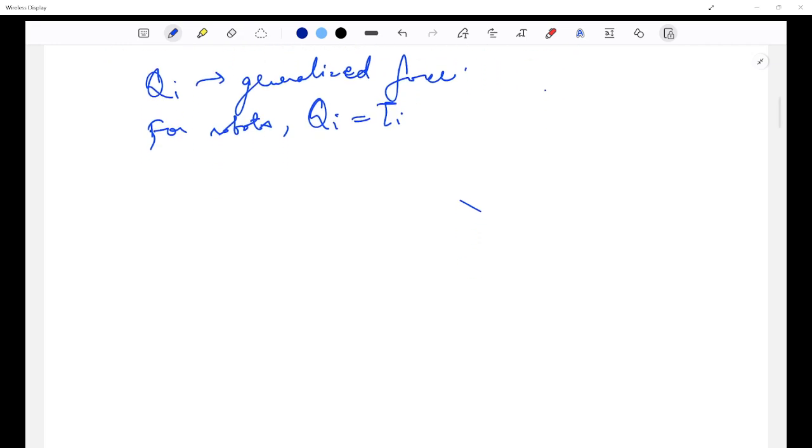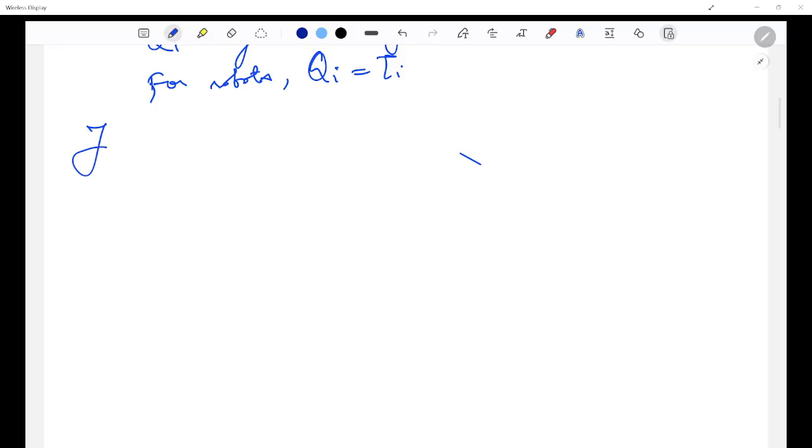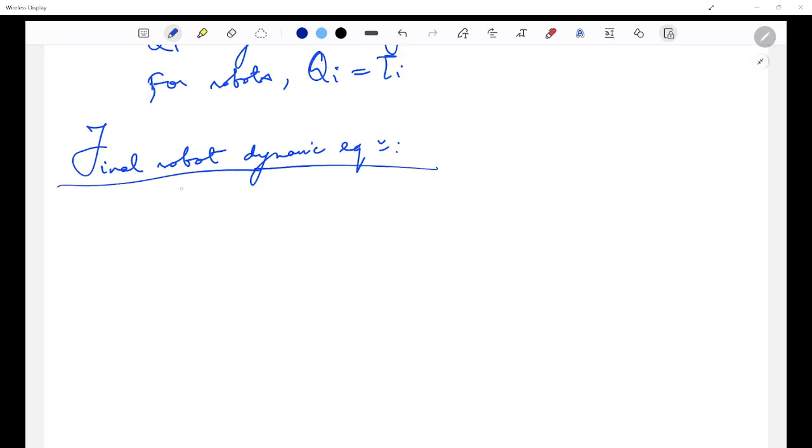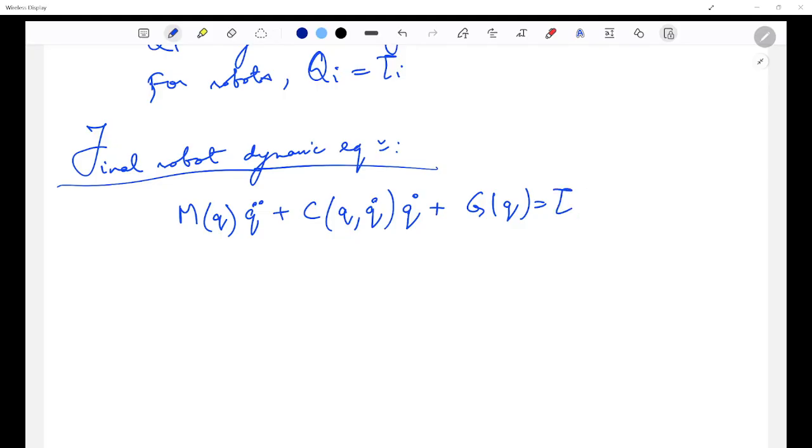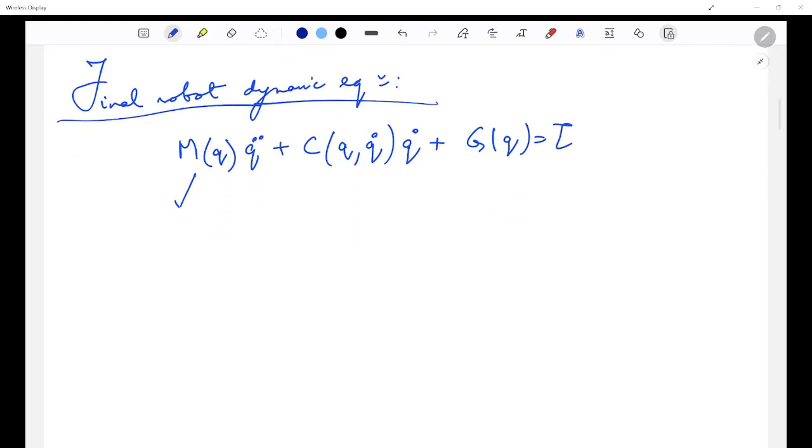So your final robot dynamic equation is M(q) q double dot plus C(q, q dot) q dot plus G(q) is equal to tau. What are these terms? This is your mass matrix.